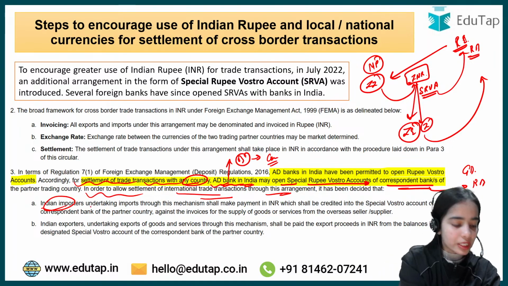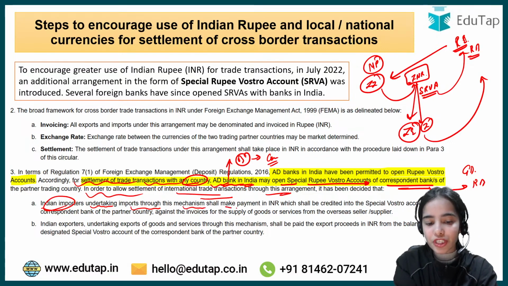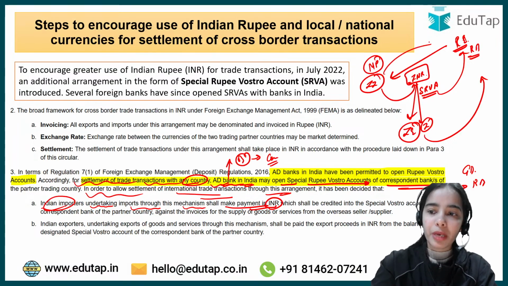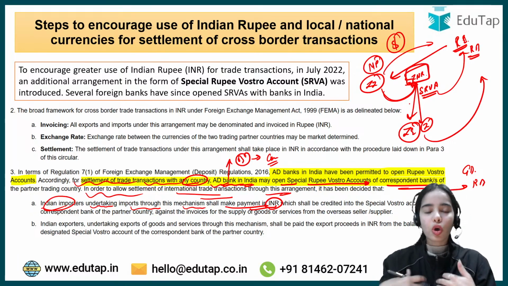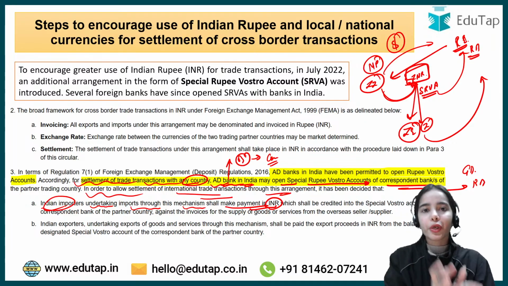So Indian importers undertaking imports through this mechanism shall make payments in INR. Rather than making payments in dollars, they will make payments in INR only. So we will not be required to use the dollars, and Russia also will not be required to use the dollars.